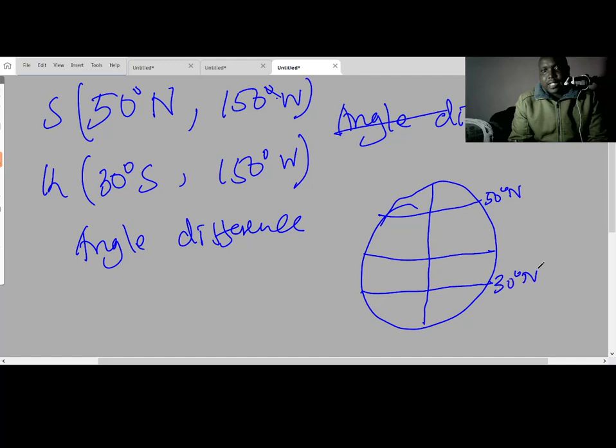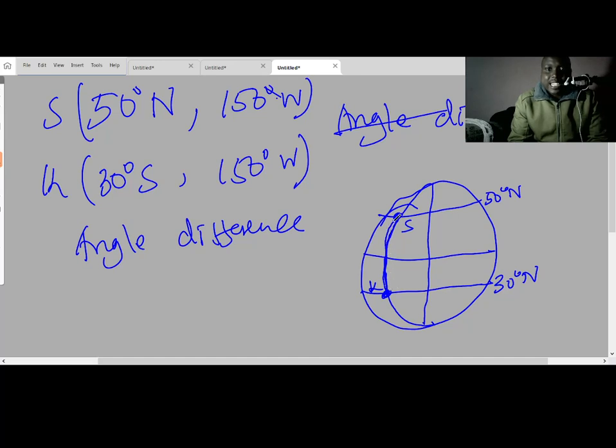And then 150 west, so that one could be somewhere here. So it means that this point K is here, and this point S is here. So they are on the same longitude. I will walk this distance from K to S.